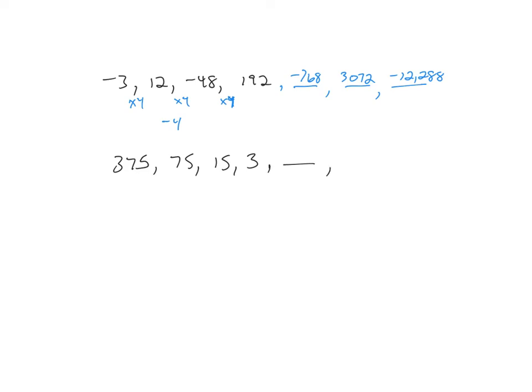Okay, so what are the next 3? Well, 375 and 75 is kind of big. Maybe even 75 and 15 is kind of big. But 15 and 3, how do I get from 15 to 3? Well, that's divide by 5. So then maybe you get your calculator out and test, 75 divided by 5. Yeah, that's 15. Okay, so this is divide by 5.